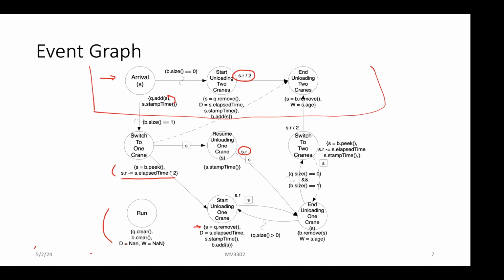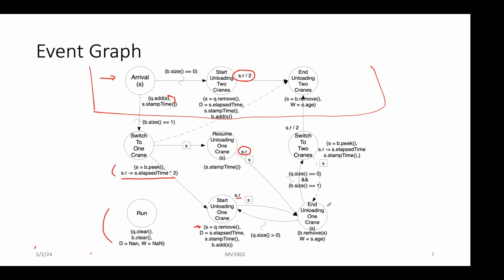I'm going to stamp its time and add it to the berth. And then I'm going to schedule its unloading, passing it the same basic unloading time that's remaining. For this ship, this is the original one. For the ship that was in the berth, it's the one after having been credited.